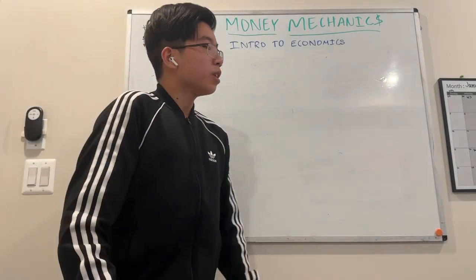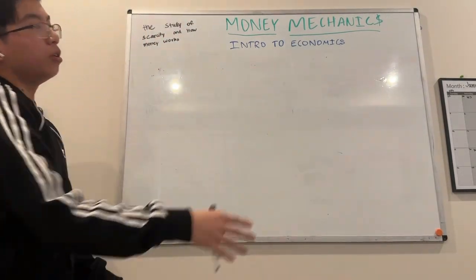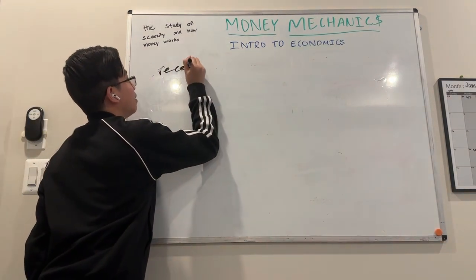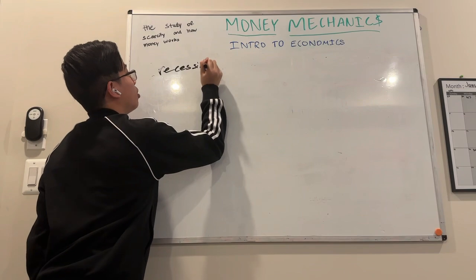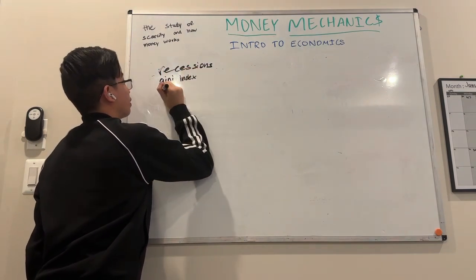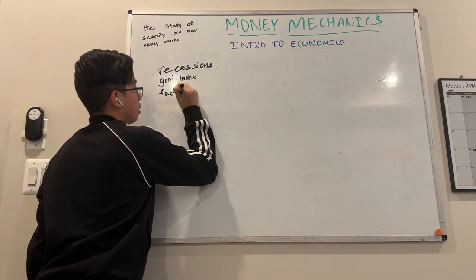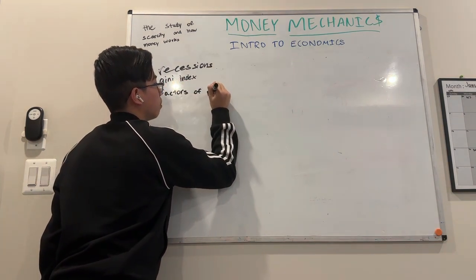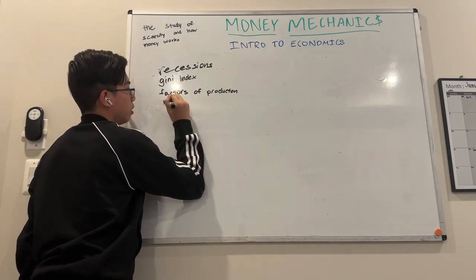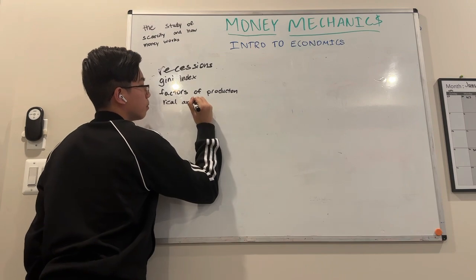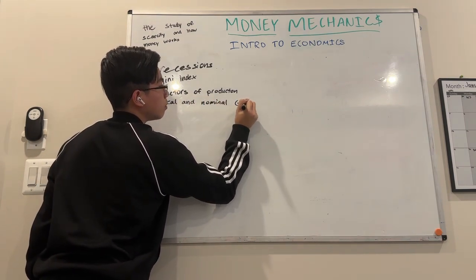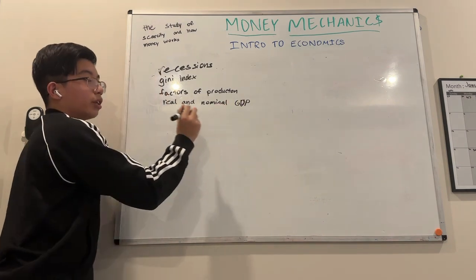In conclusion, we learned about many things. We learned about what economics is. We briefly went over recessions. We went over the Gini index. We went over the factors of production. We went over what real and nominal GDP is. We went over types of businesses.